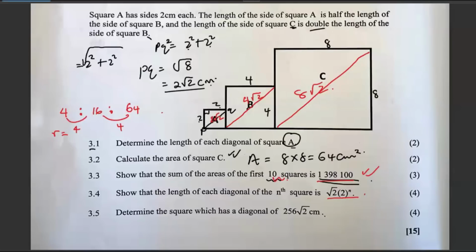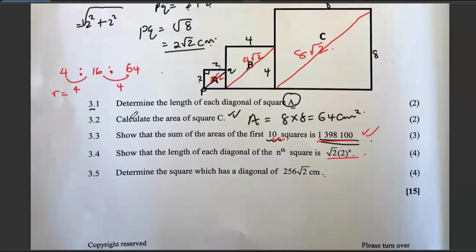3.5. Determine the square that has a diagonal of this. So we have the general term, meaning that Tn is going to be square root of 2 times 2 to the exponent of n. Now, if Tn is this, I'll just equate this to 256 square root of 2.